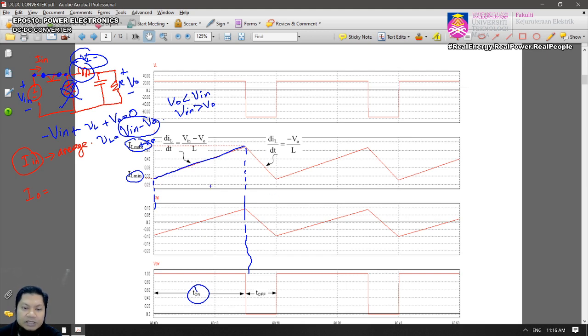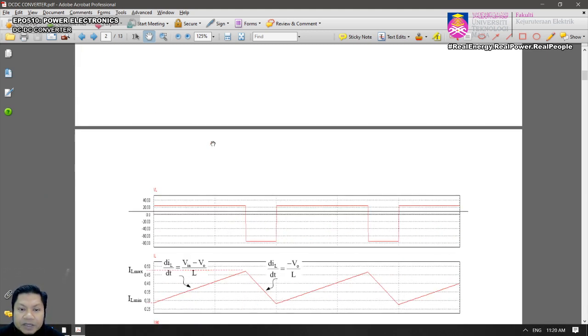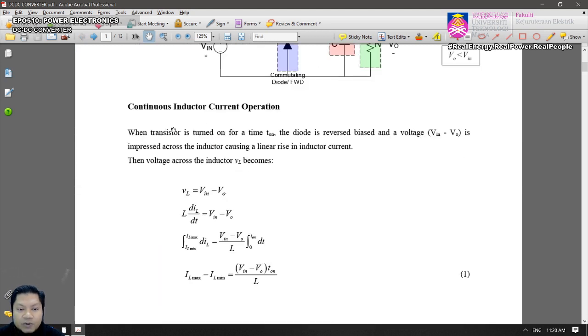Alright? Okay, so you can read again here, when transistor is turned on for a time t on, the diode is reverse biased, and a voltage of V in minus V out is impressed across the inductor, causing a linear rise in inductor current.